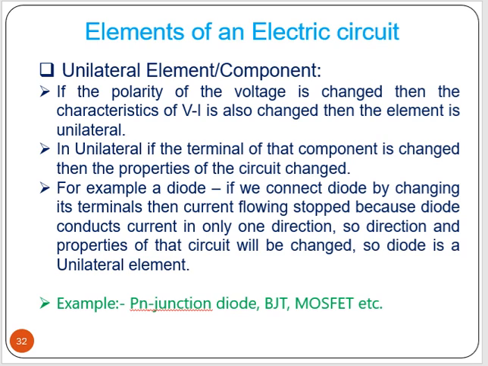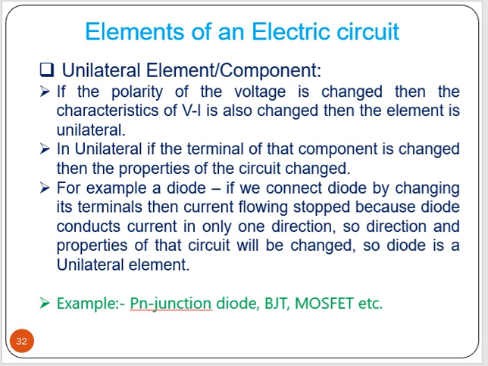Now elements of an electric circuit: a unilateral element or component. Uni means what? One. If the polarity of the voltage is changed, then the VI characteristics also change. Then the element is called unilateral. That means it is one directional.